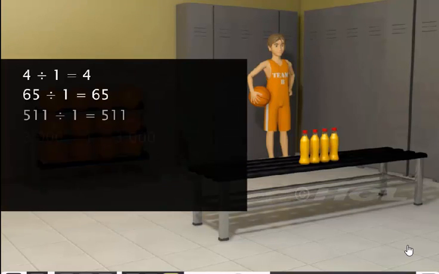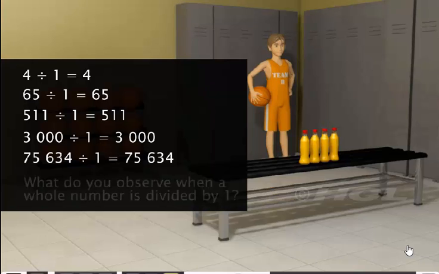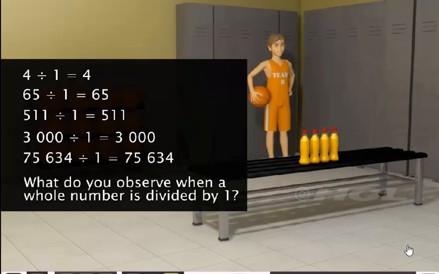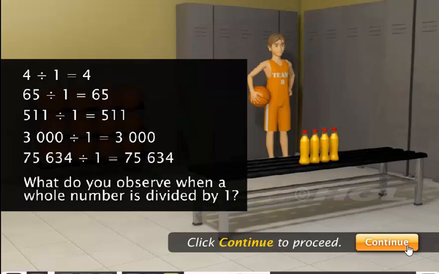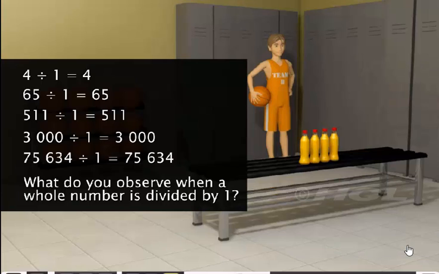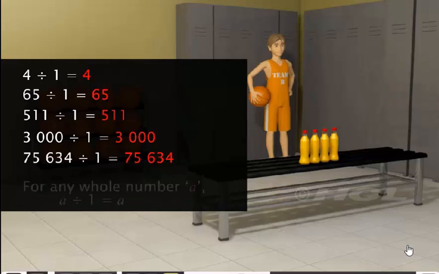Look at these examples of division by 1. What do you observe? Division of any whole number by 1 gives the same whole number. In other words, when A, which represents a whole number, is divided by 1, we get A.